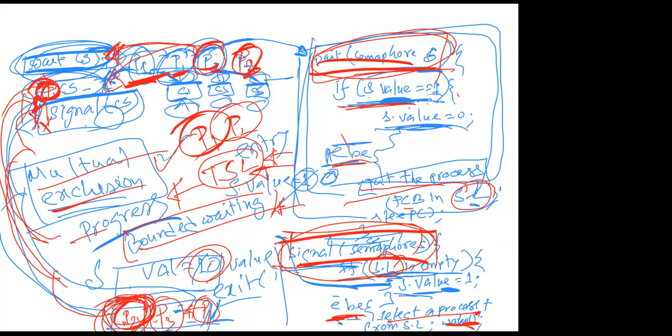And some other properties we already know about: it satisfies mutual exclusion. Progress is also satisfied, because the decision doesn't depend on the other process. Which process enters the critical section depends totally on which calls the wait function first.